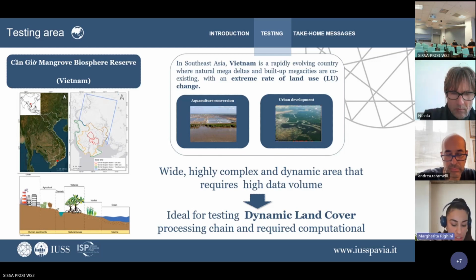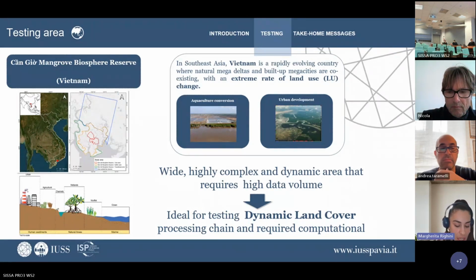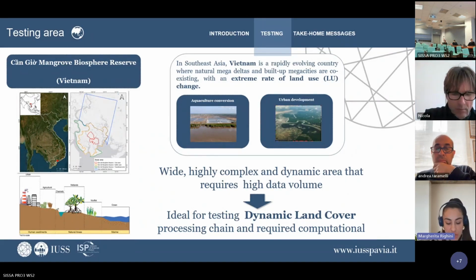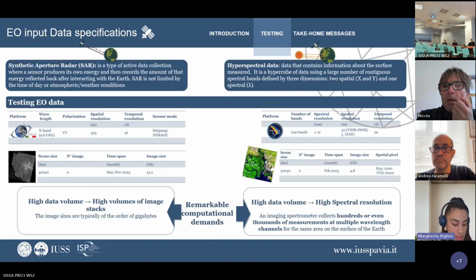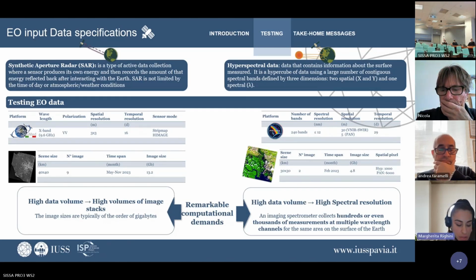All these conditions are ideal for land cover dynamic retrieval and for testing the processing chain and the required computational resources. That means, of course, a high data volume demand. Next, please. For the testing in this area, we used two kinds of satellite data.